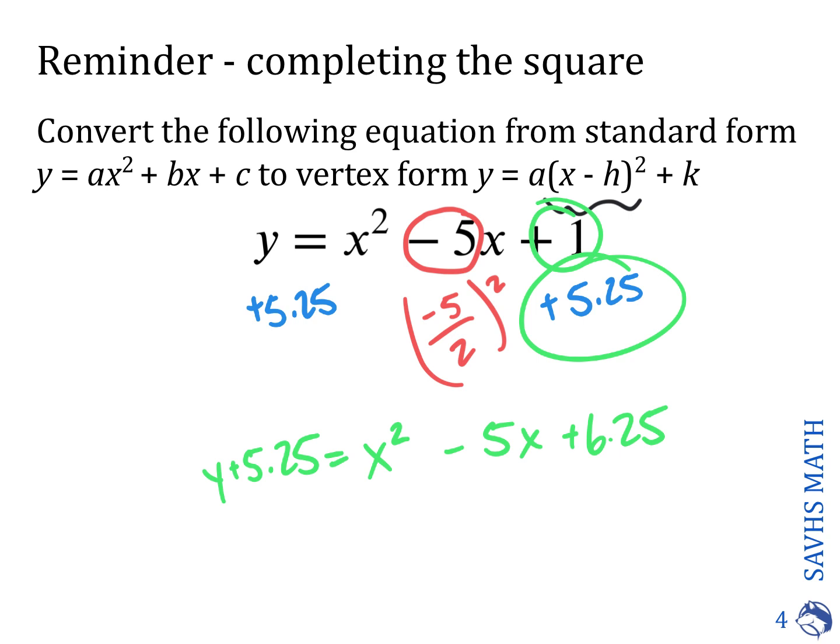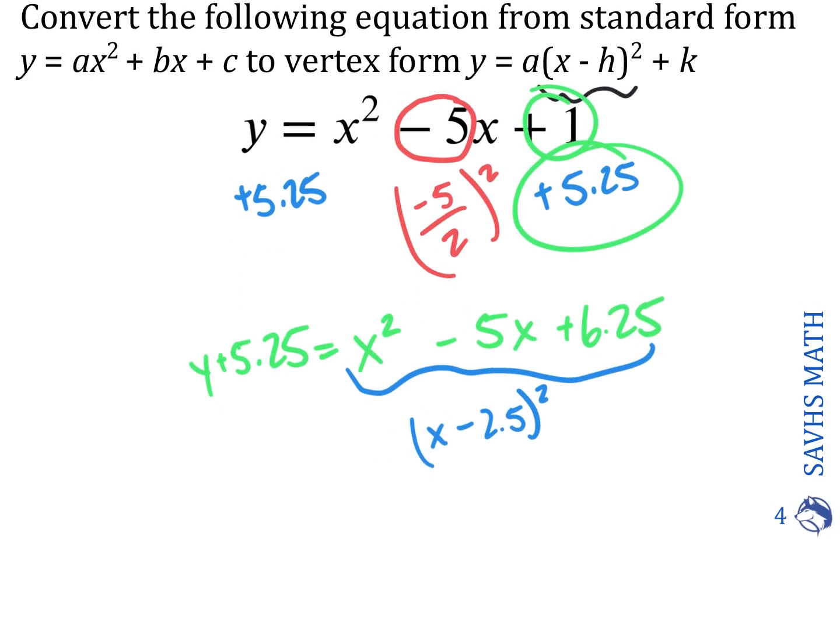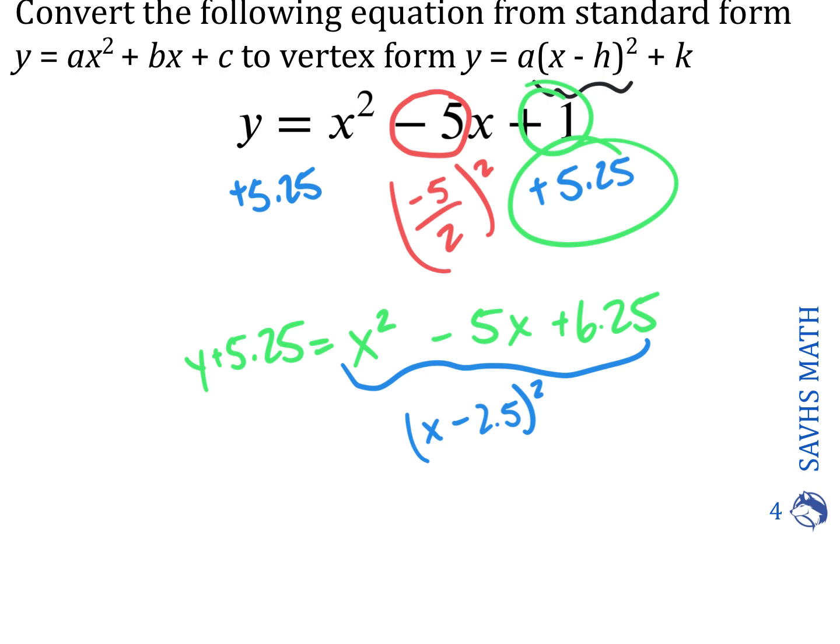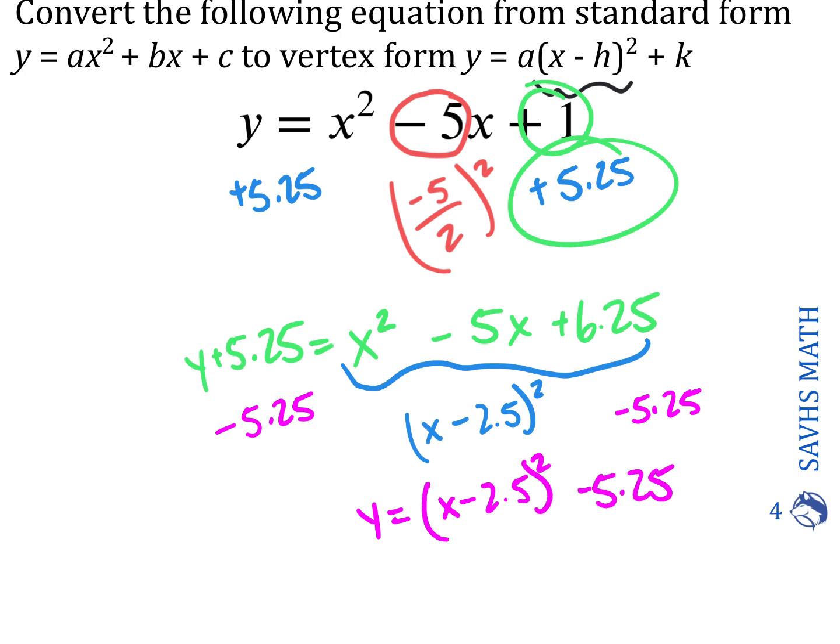Now this whole thing can be rewritten as x minus 2.5 squared. And then I just need to subtract off the 6.25. So I get y equals x minus 2.5 squared minus 6.25.